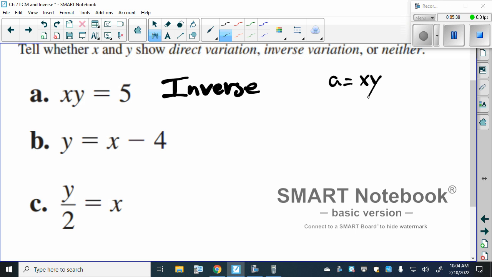What about letter B? Neither. And kind of the main giveaway is that x and y are on opposite sides, and we have a subtraction sign between it and the number.